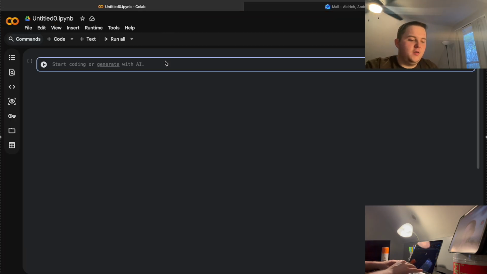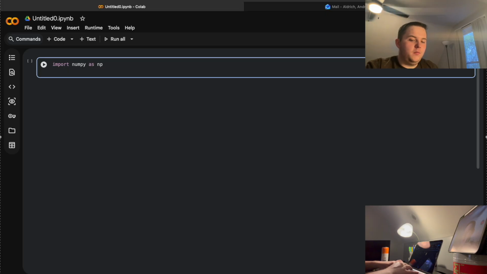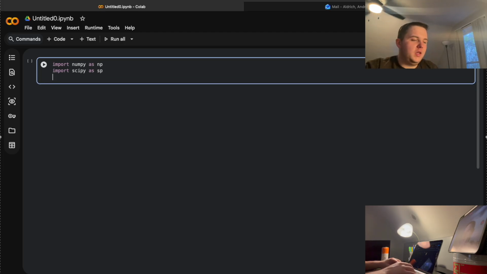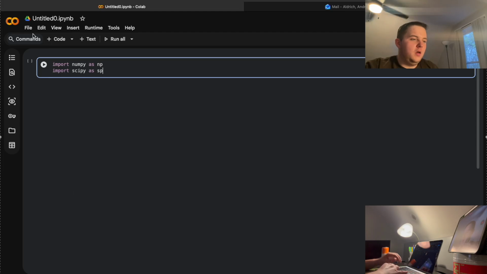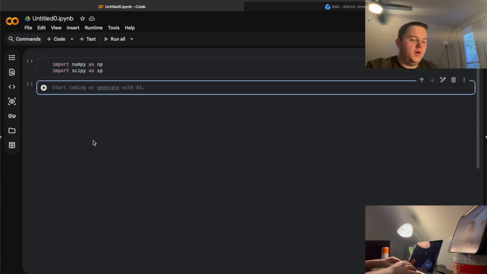So what we're going to do is start by importing, like always, numpy as np, and import scipy. Okay, and then what we can do next, let's add a new code cell. What we're going to do next is make our array. So we're going to have our array is equal to np.array. Still recording, okay.